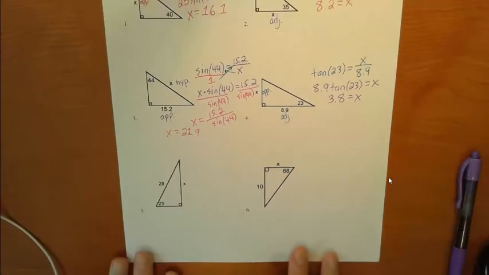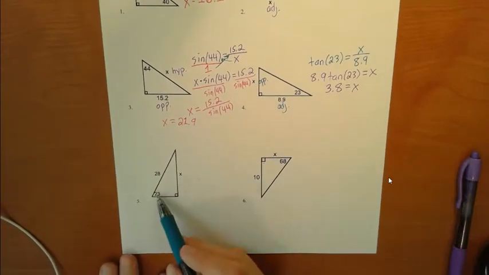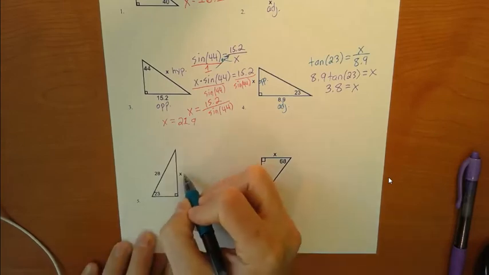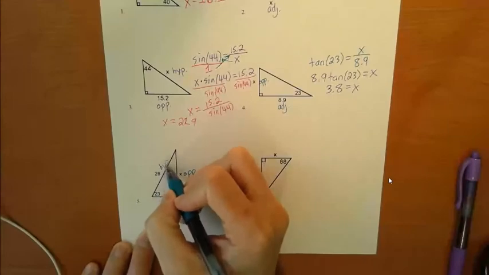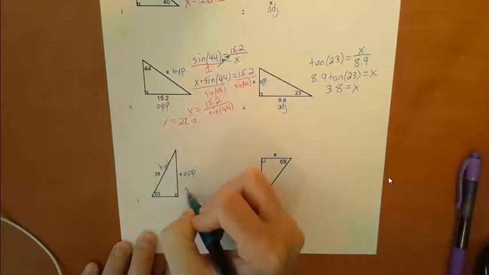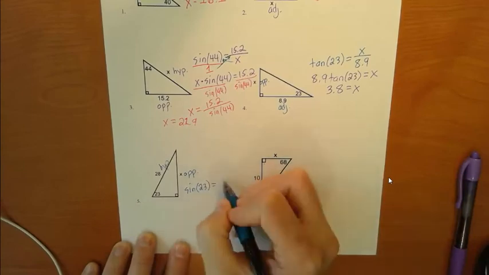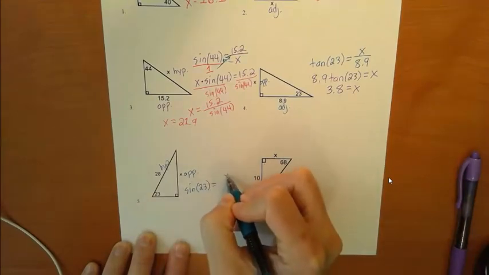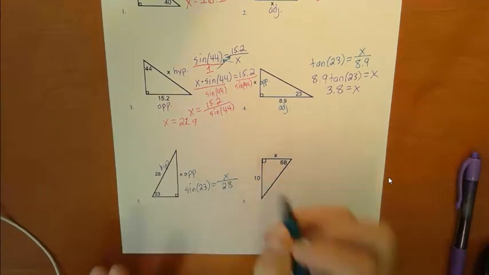So in number 5 in the bottom left, we are looking at a 23-degree angle in the bottom left, making this the opposite side and the hypotenuse side. So we have sine of 23 degrees is going to be equal to the opposite over hypotenuse.